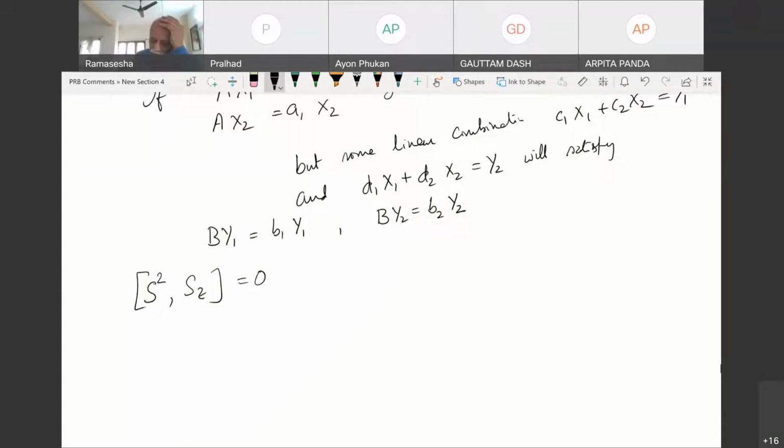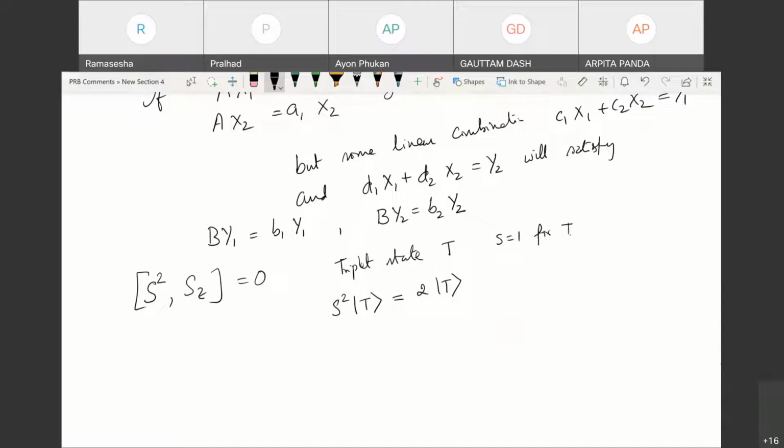Take the triplet state. Then S squared T is equal to 2 times T, right? Because S is equal to 1 for triplet, and the eigenvalue is S into S plus 1, so it is equal to 2T.